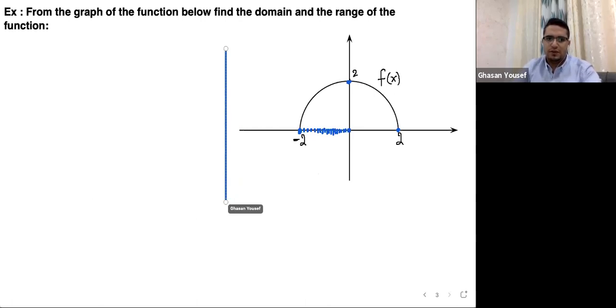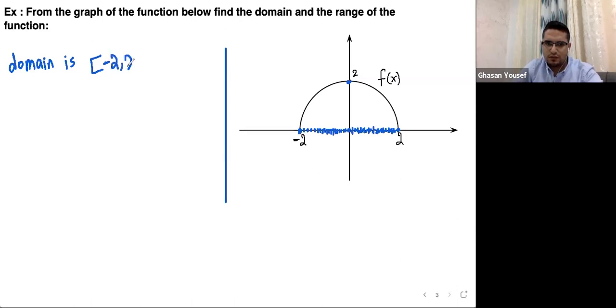So this is the domain. So the domain will be from -2 to 2. The domain here is the closed interval from -2 to 2.